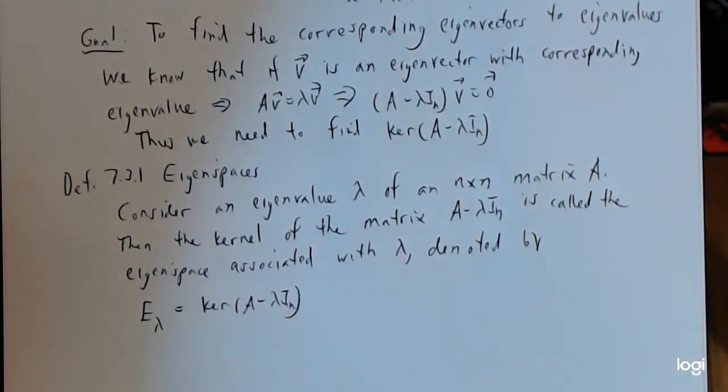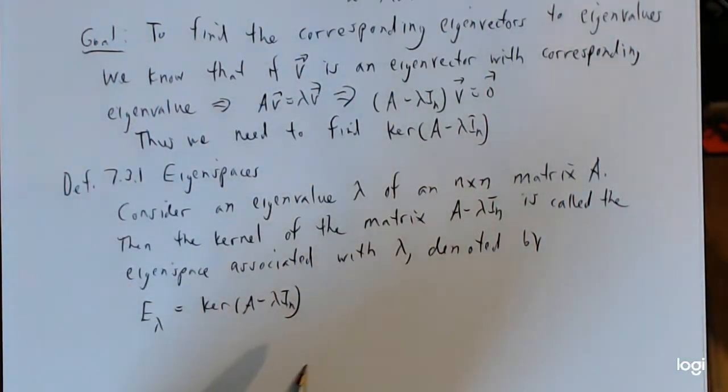What this means is that for each lambda, our eigenspace is defined as the kernel of A minus lambda I sub n. We're going to go after our eigenvectors after we find the associated eigenvalues, obviously, because we need to know these to go after the eigenvectors.